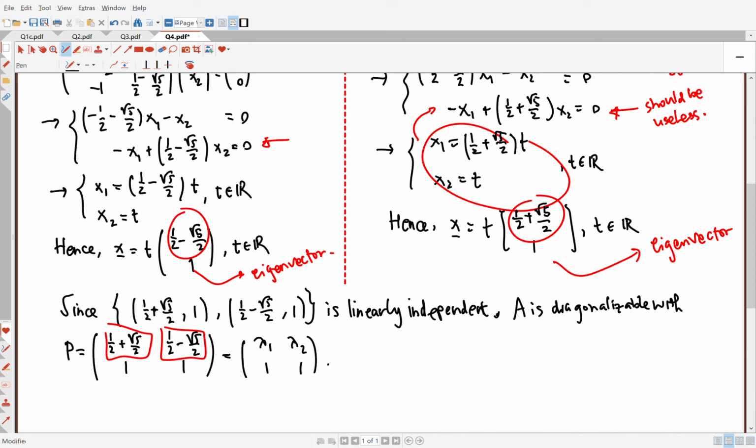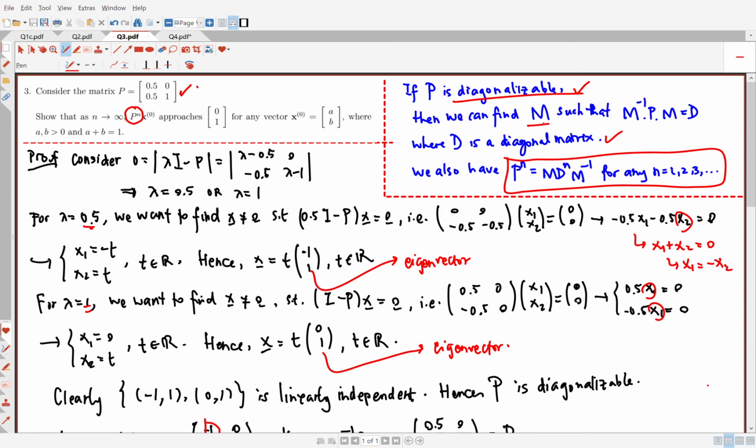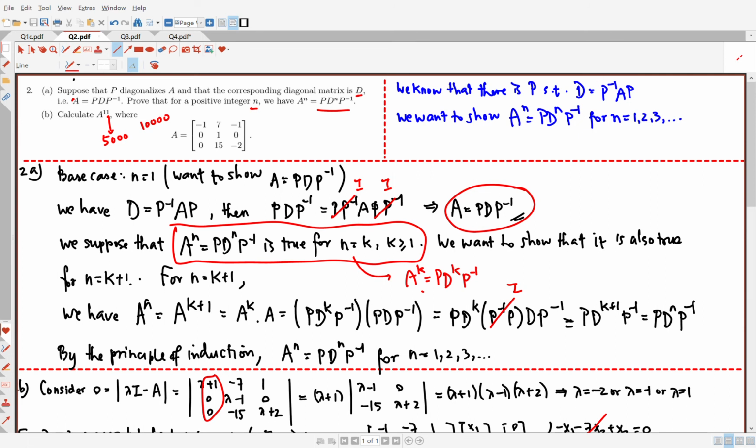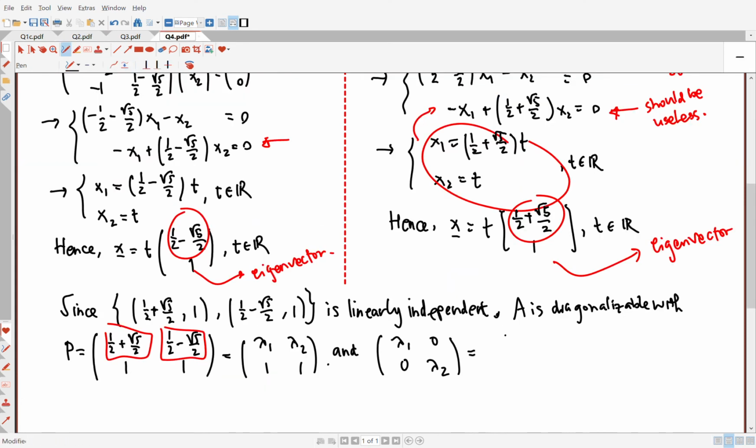Okay, good. And D, which is the matrix with lambda 1, 0, 0, lambda 2, is just the multiplication P inverse A P, right?